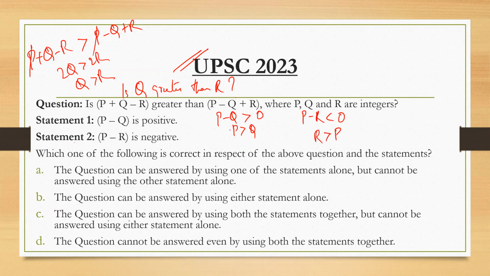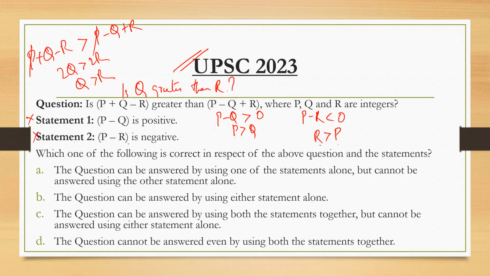Okay. So here you can clearly see in statement 1, the relationship is between P and Q. But the question is asked regarding Q and R. In statement 2, the relationship is regarding R and P. Again, the question is asked regarding Q and R. So statement 1 alone, statement 2 alone will not answer your question.